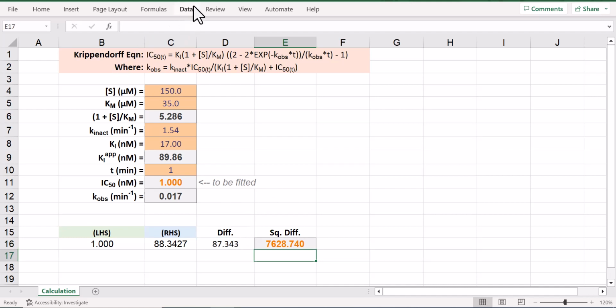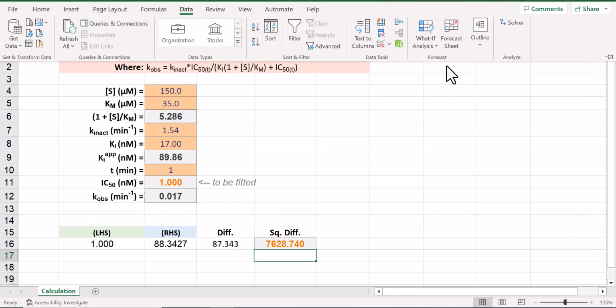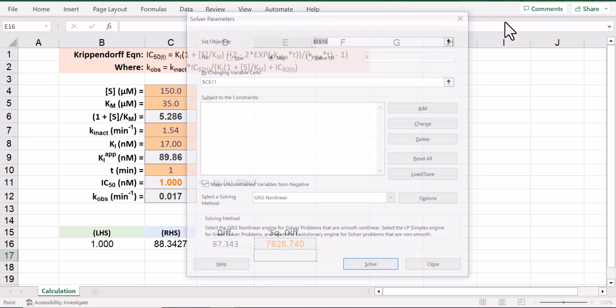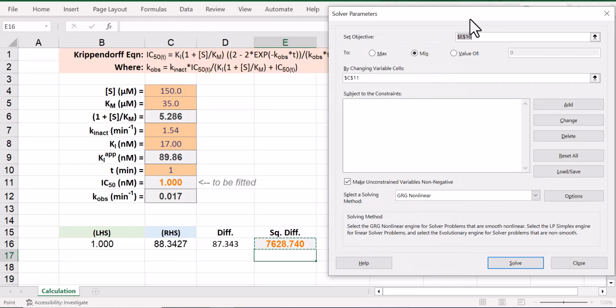So I open Solver, Data, Solver, and I direct it to consider the value of E16, the squared difference, and I'm going to ask it to minimize this value because for a solved implicit equation, the difference between the left-hand side and right-hand side will be 0.